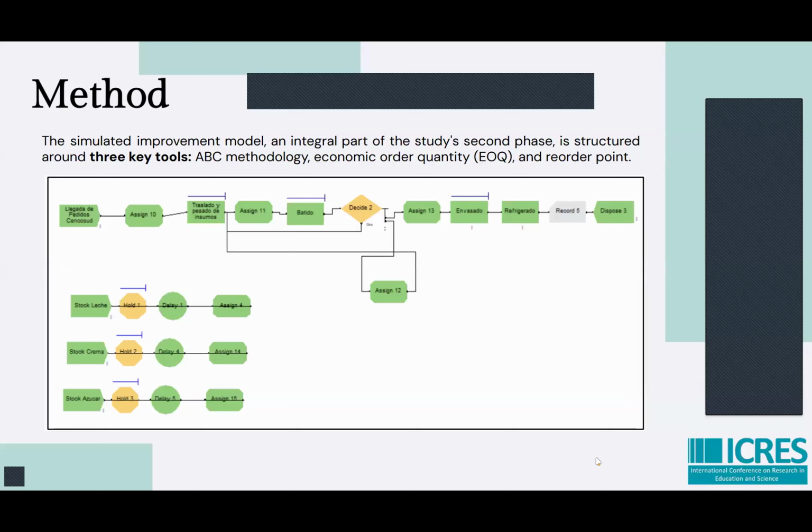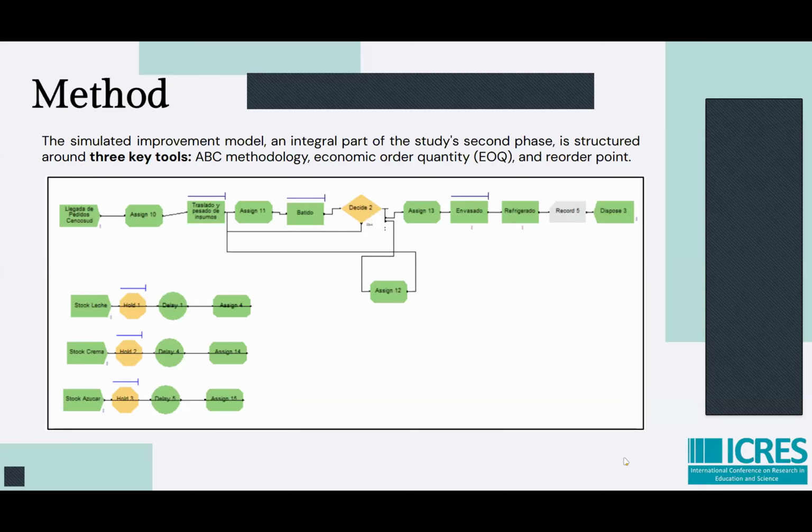This is the second stage, the simulated improvement model, and is structured around 3 key tools: ABC methodology, economic order quantity, and reorder point. In the simulation, the first tool implemented was the ABC model, which basically prioritizes A category products in each process. And this aims to reduce the customer service lead time and bottlenecks, improving the time-based performance indicators.